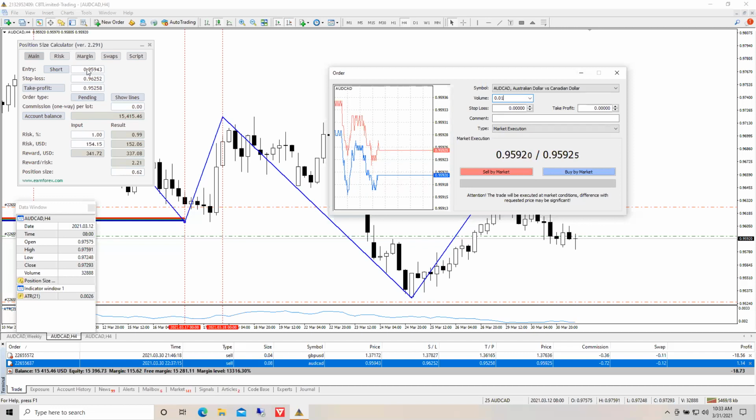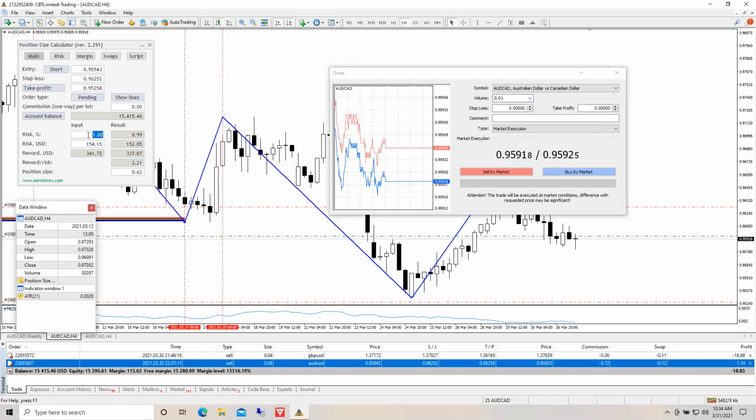And part and parcel of that, of course, is putting in the entry level and the stop loss level, the difference between those two numbers being required in order to work out the position size. All right, so you need both of those numbers. You don't need the take profit for that, but it's pretty useful if you're actually going to take a trade. I'm sure you'll agree with me. You also need to ensure that you're using the correct risk percentage.